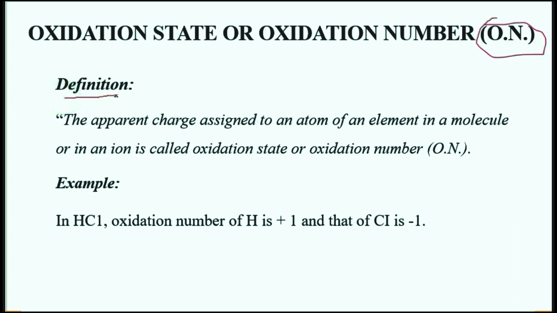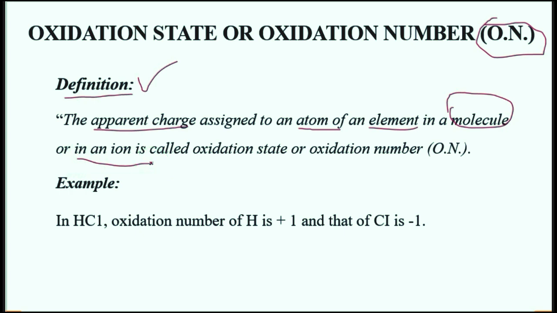First of all, we will see the definition of the oxidation state. It is basically an apparent charge, and this apparent charge is assigned to an atom. We know that an atom is a part of an element, and this element exists in a molecule or ion.